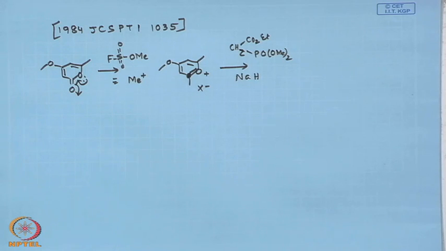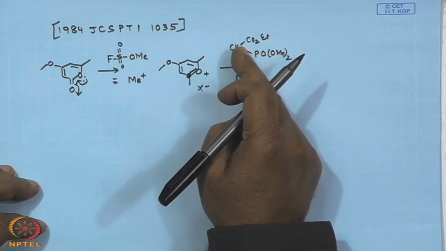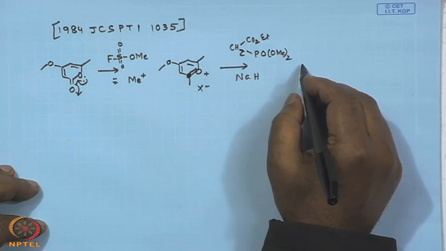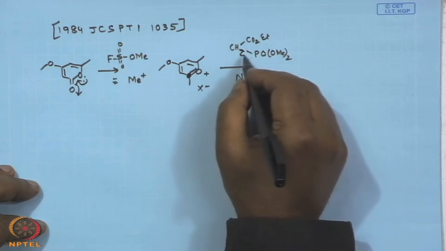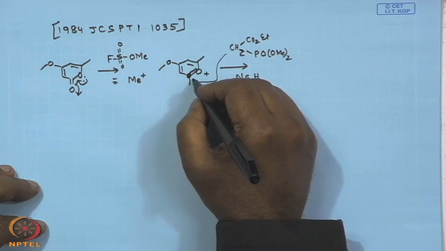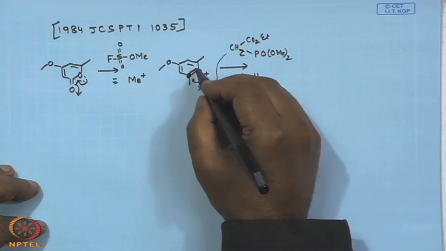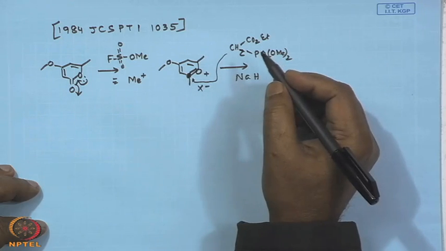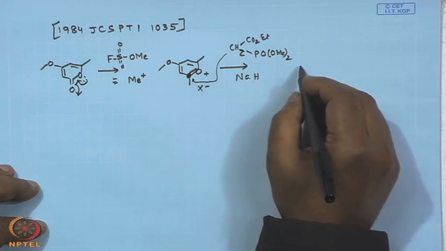So, what do you expect? It forms the anion here, right, carbanion. So, this carbanion would attack this carbonyl here. It is a symmetrical one, it does not matter, the methyl here, it does not matter which carbon. So, eventually what you will get?